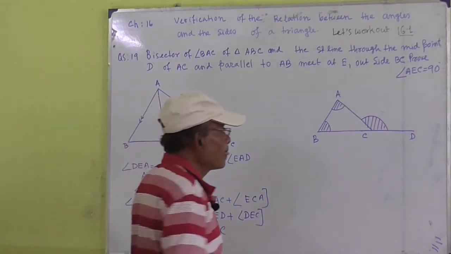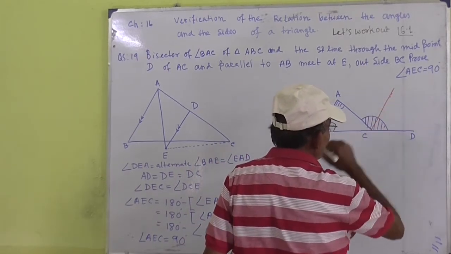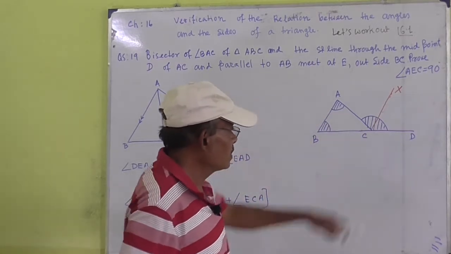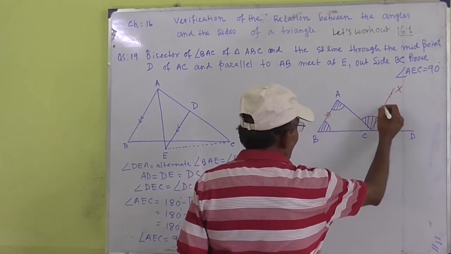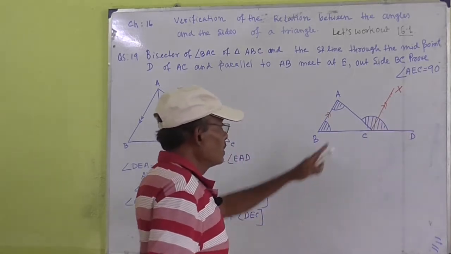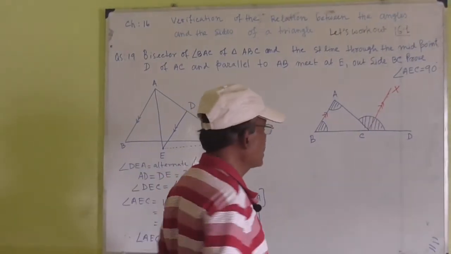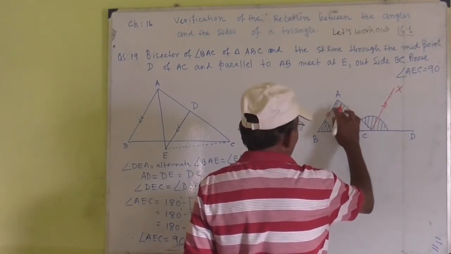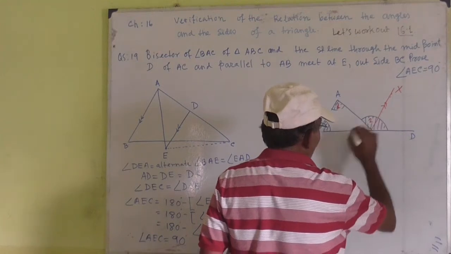How to prove? We draw a parallel line CX. Clear? So, this is parallel. Let us take this angle as angle 1 and this angle as angle 2.